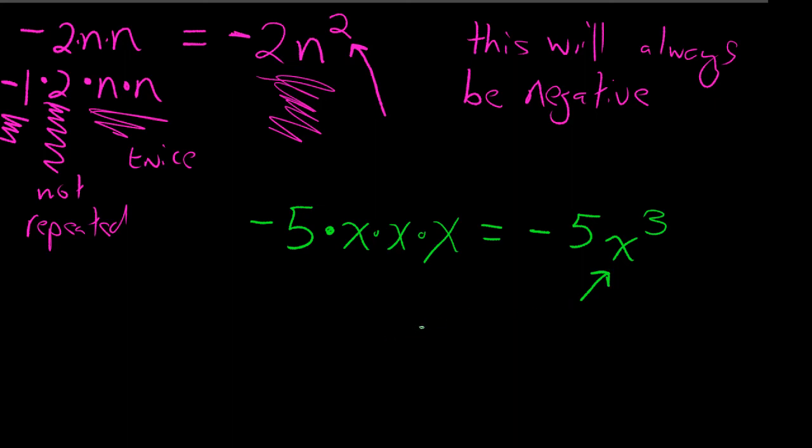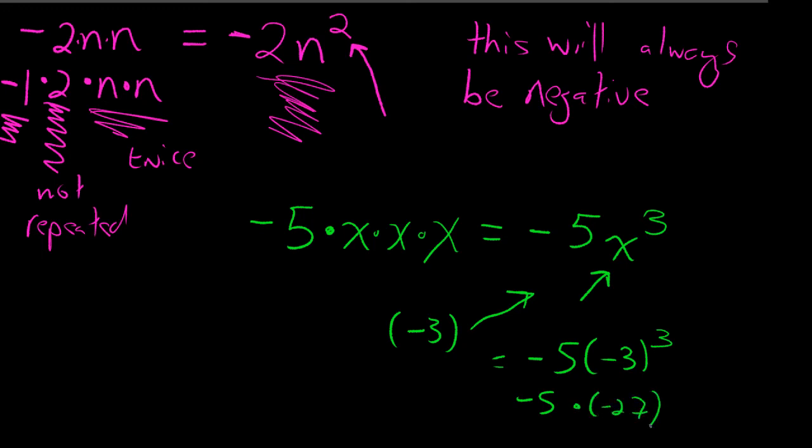So if this gets a -3, then this whole expression becomes -5 times -3 cubed, or -5 times -27, which is a positive 135. I'm just writing that to emphasize it. But if I switch that and put a +3 into it, negative 5 times 3 cubed, then I get negative 5 times positive 27, or negative 135.